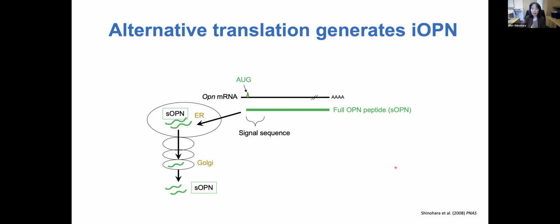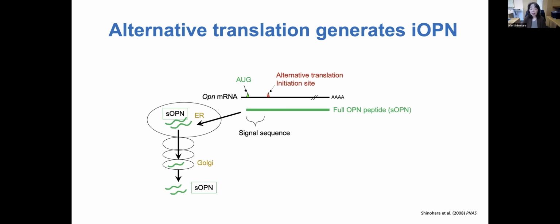So now let me explain how alternative translation can generate iOPN. It's at the translation level, not the transcription level. When the canonical AUG codon starts translation, what we get is the full length OPN, which includes a signal sequence, which targets the nascent protein to ER and then Golgi and then eventually it is secreted. So this is sOPN. And then there is another alternative translation isoform.